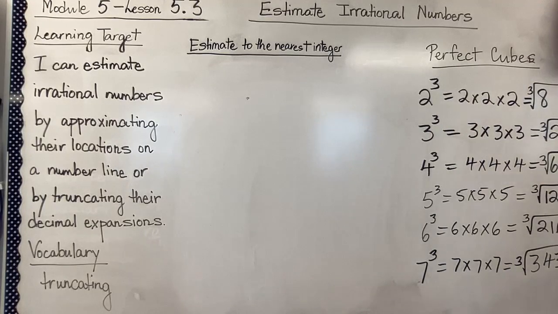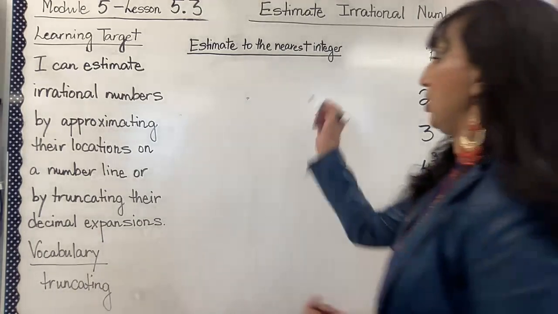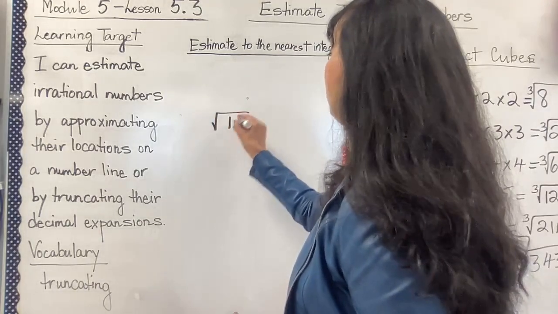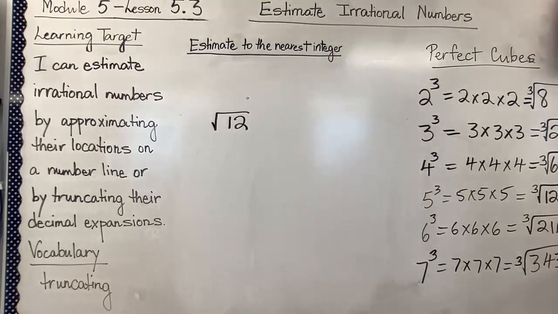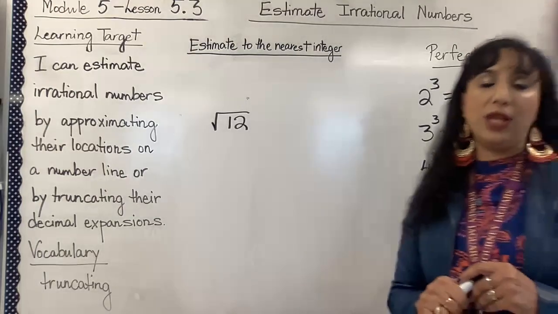You can estimate irrational numbers using a calculator by truncating the decimal expansion. Let's say I have the square root of 12. Truncating is a process of approximating a decimal number by eliminating all decimal places past a certain point without rounding.